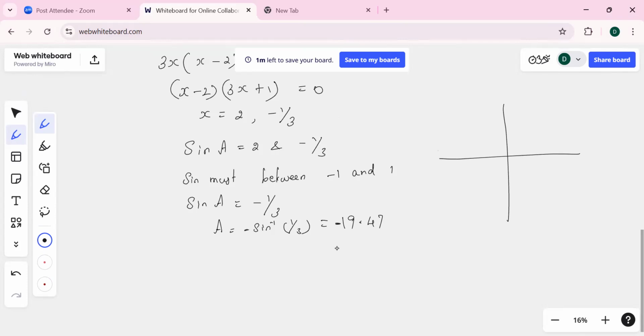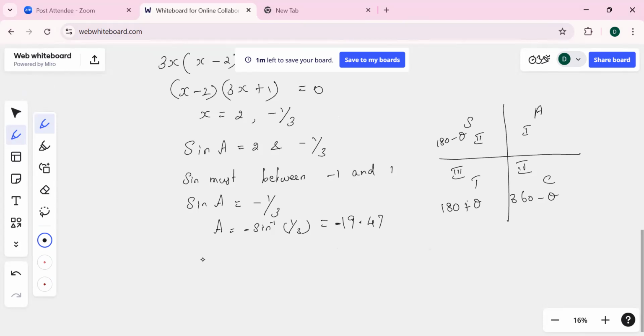Where the sign is negative, in which quadrant? This is first, second, third, and fourth. Sine will be negative in the third quadrant as well as in the fourth quadrant. In the third quadrant, to find the value you have to add 180, so 180 plus theta. In the fourth it is 360 minus theta. If it is in the second quadrant, it will be 180 minus theta.